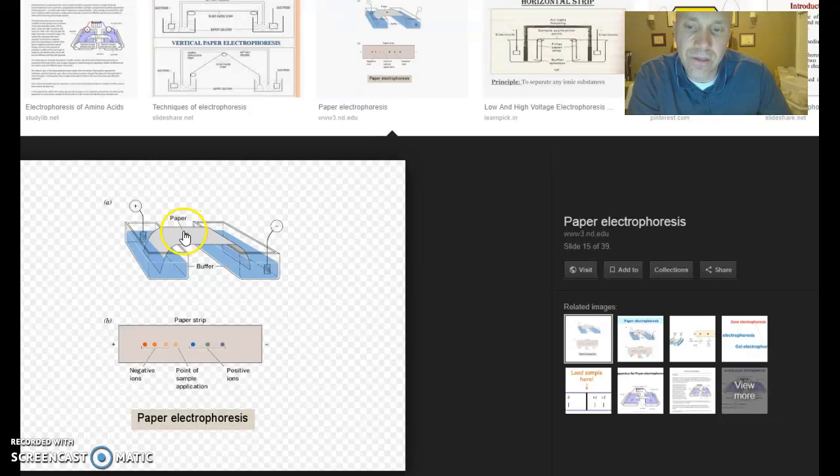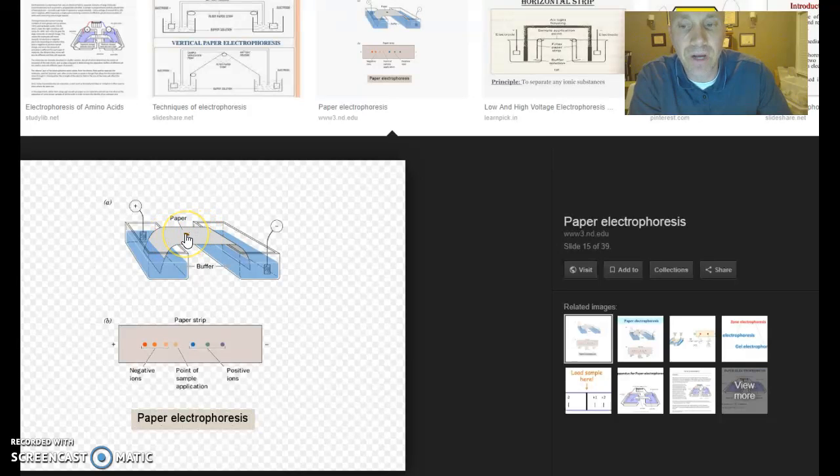Depending on the amino acids in the mixture, some of them at the pH of the buffer might be positively charged, some might be negatively charged, and some might be completely neutral. If something has an isoelectric point of 6 and the buffers are at a pH of 6, an electrically neutral molecule doesn't have any reason to move in either direction.